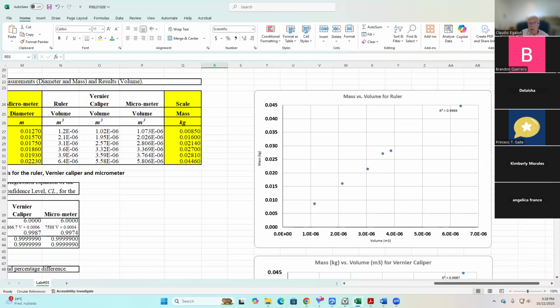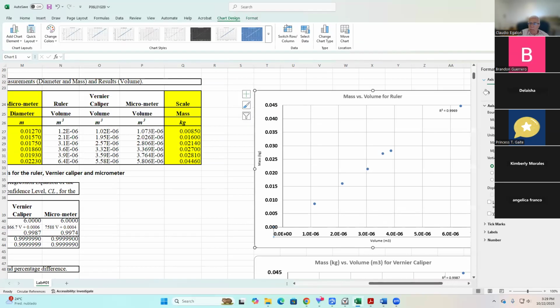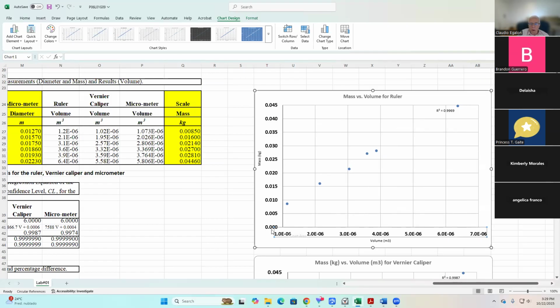And the only thing that I may suggest, you may eliminate this blank space here. You eliminate this blank space by changing the minimum value of the axis. Here you go. And you can also eliminate this blank space here as well.